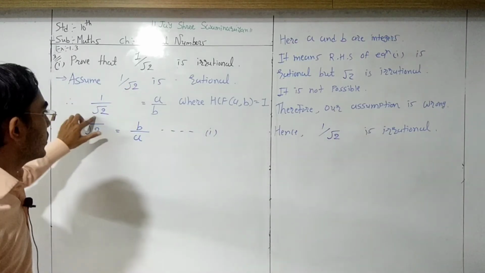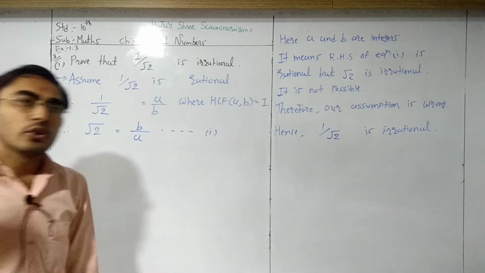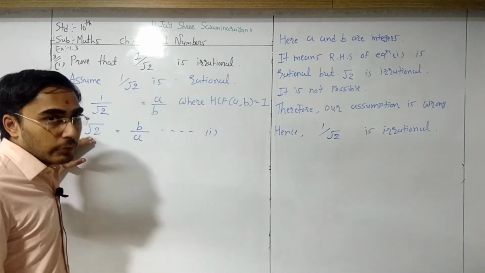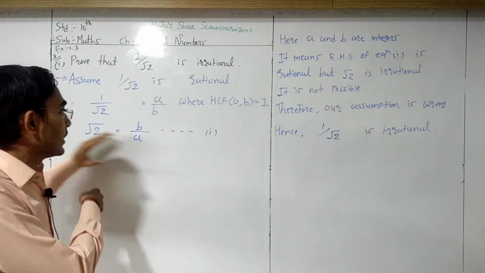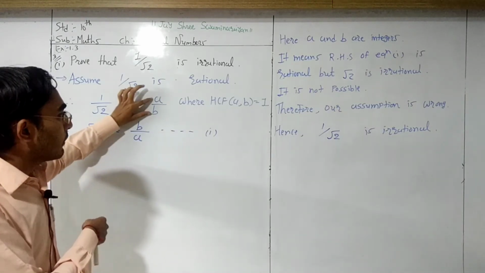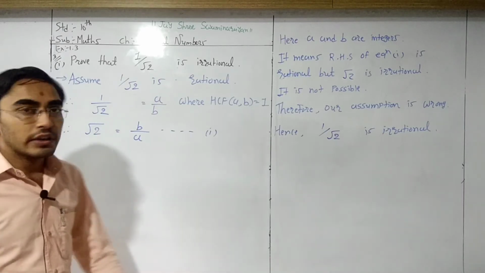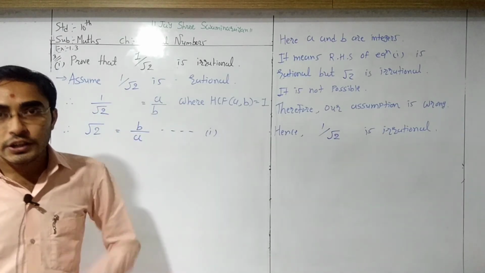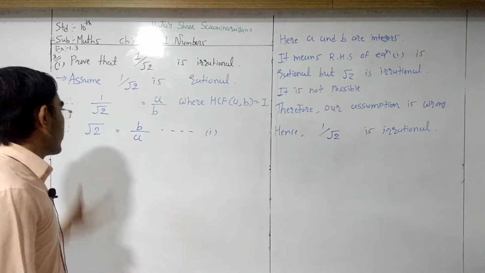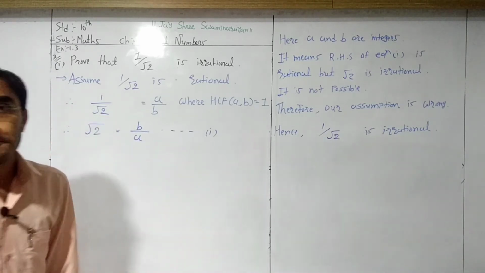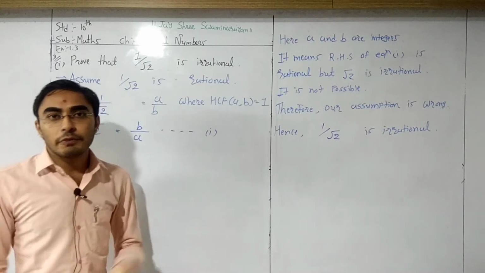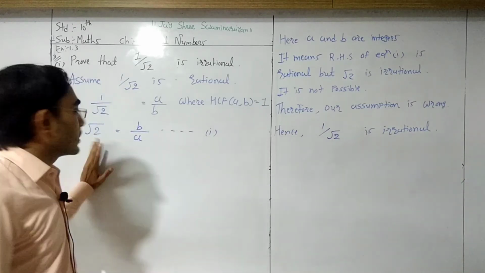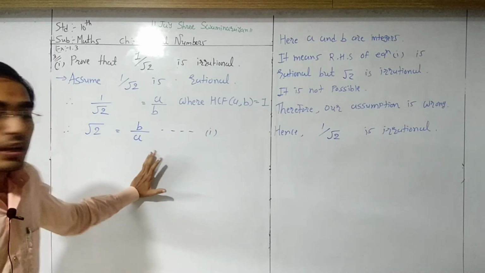The denominator goes to the numerator and the numerator goes to the denominator. Alternately you get under root 2 is equal to b by a. Okay, same thing, whichever way you want, you can use it. So here our under root 2 is equal to b by a.